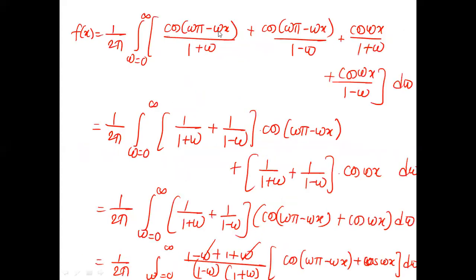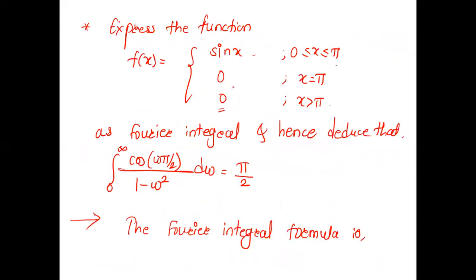So we should have f of pi by 2. What will be f of pi by 2? You need the value of the function at x is pi by 2. So where does pi by 2 come in among these 3 intervals? It is in 0 to pi, somewhere there is pi by 2 in between. So the value of the function is sin x.